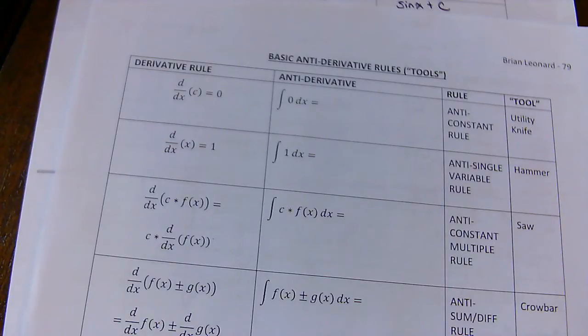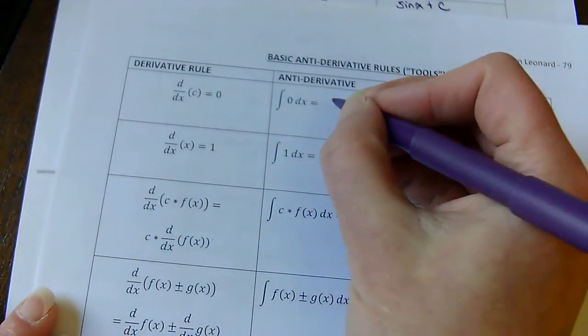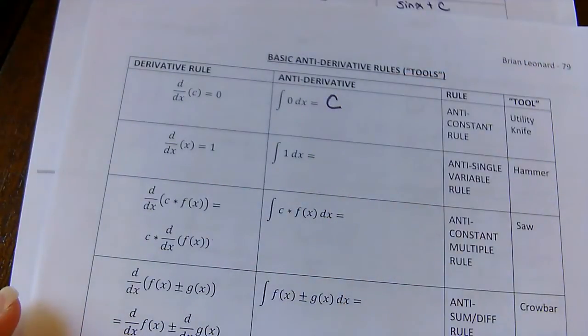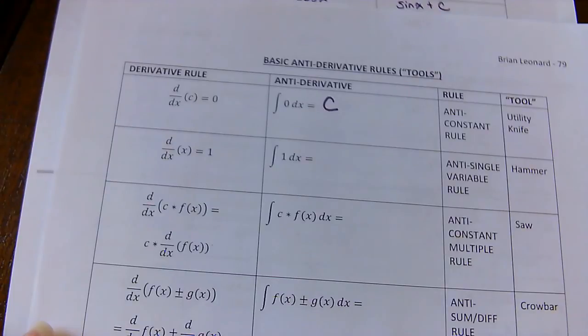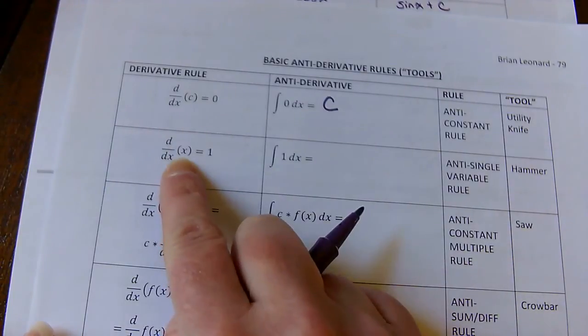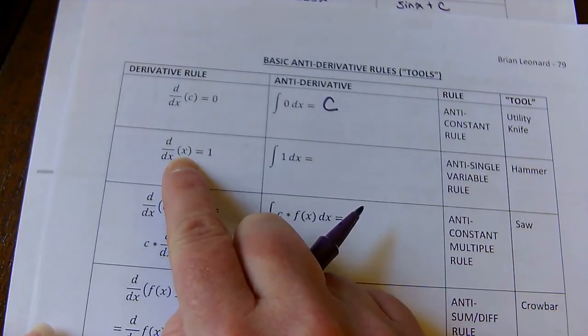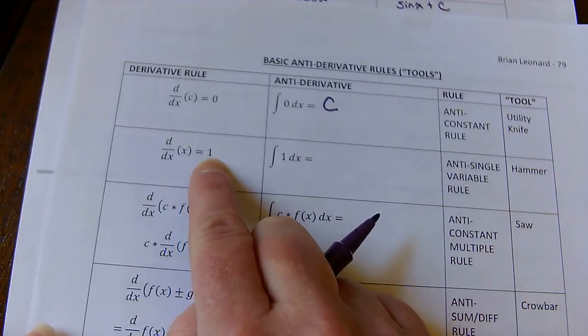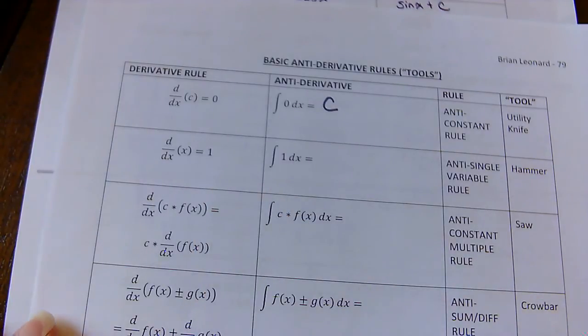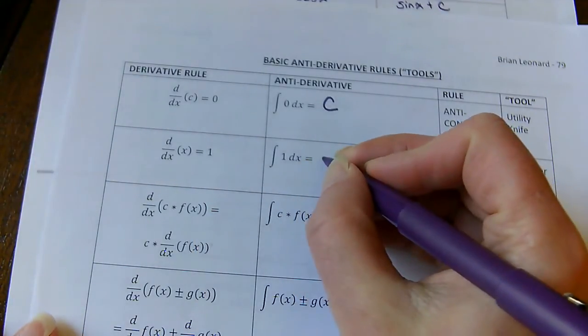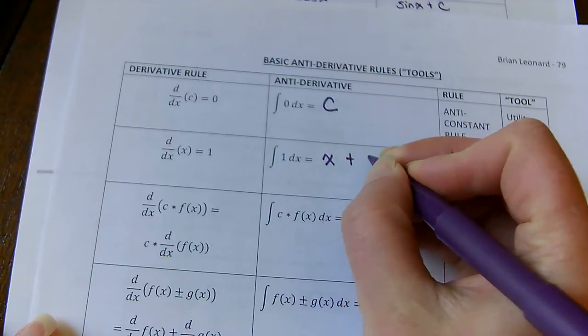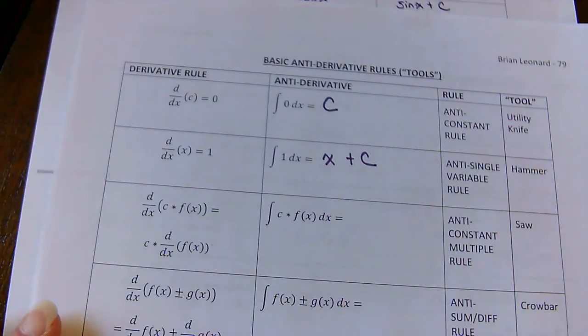So the antiderivative of 0 is some constant. The derivative of a single variable was just its coefficient, or just 1. So the antiderivative of 1 would be x plus c. I could have a constant after that.